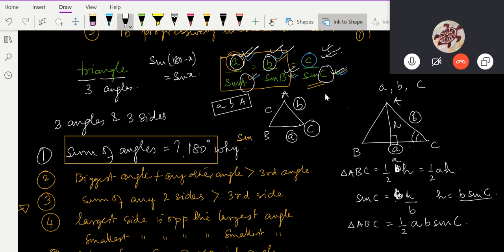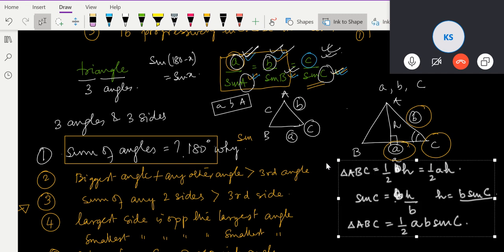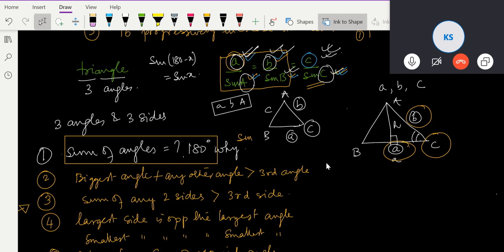What does this mean? This means that there are two sides which are given and the included angle is given. Mind you, in your exam, there might be very tricky questions around this. Very often they'll give you two sides and the included angle, and ask you to find out the rest of it.